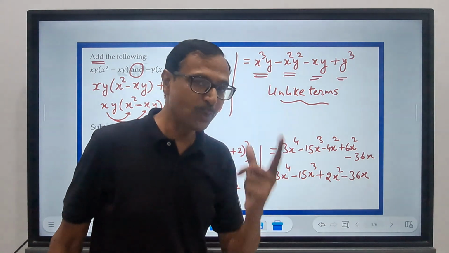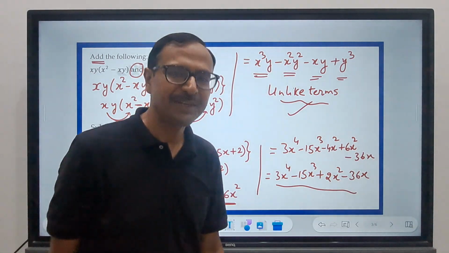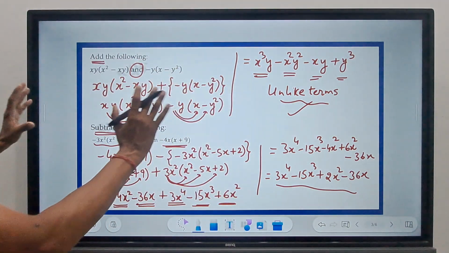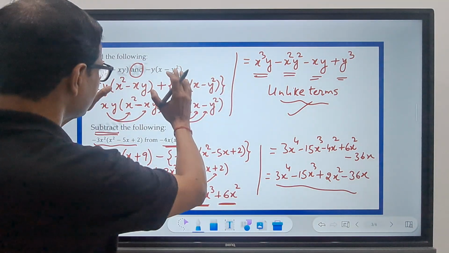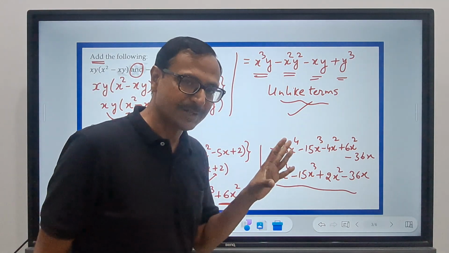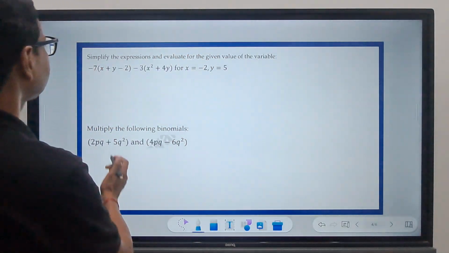And now you can't do anything with that because these are all again unlike terms. Understood? The concept of adding and subtracting the expressions in which multiplication is involved. So multiplication of polynomials is the topic. Okay. So let's see some more questions and feel comfortable with this.